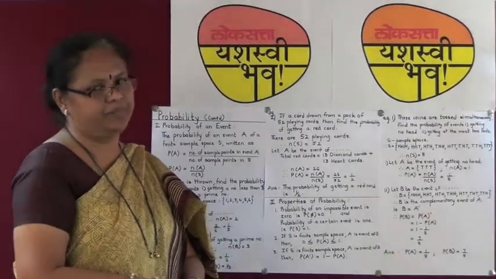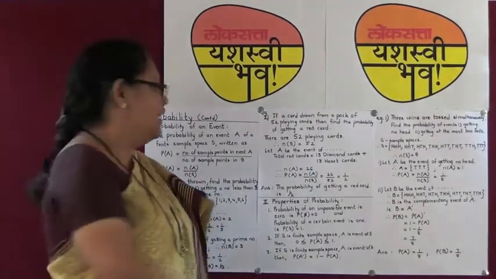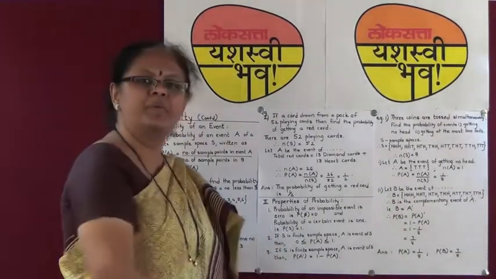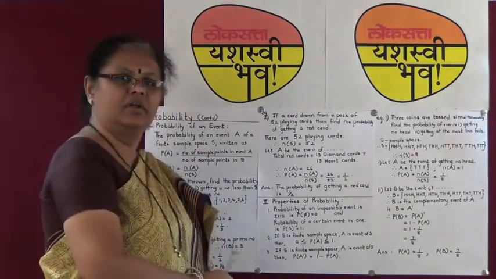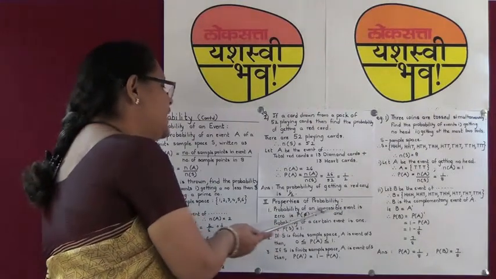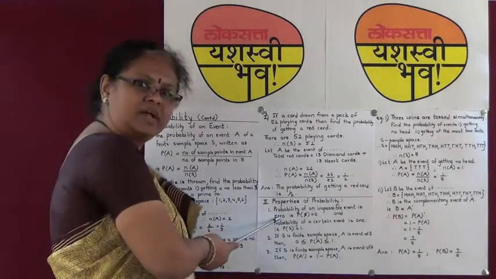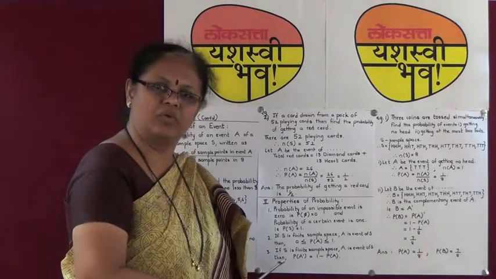Once we have understood what is the probability of an event, let us quickly go through the properties of probability. There are 3 properties of probability given. The first property says probability of an impossible event is 0. That is, probability of a null set is equal to 0.